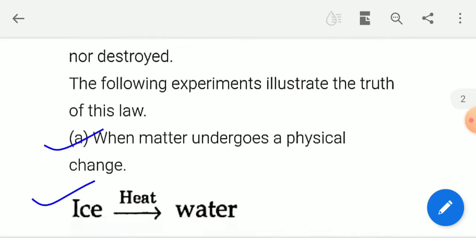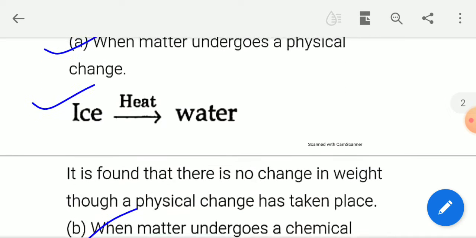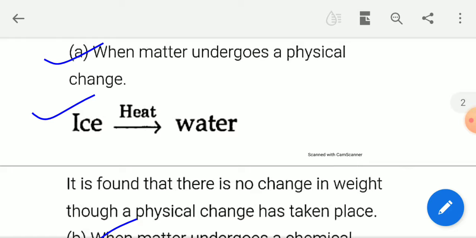For example, when ice melts on heating, it will convert into water. In this physical change, it is found that there is no change in weight, though a physical change has taken place. Mass of ice will be equal to mass of water.